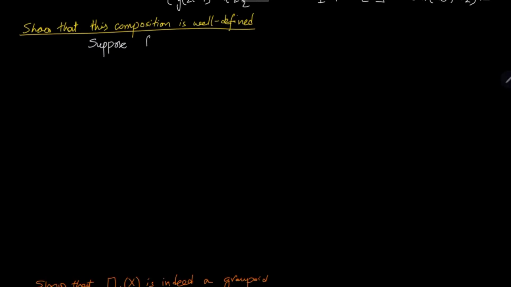Suppose we just take the maps f1, f2, g1, g2 from I to X, such that the equivalence class of f1 is the equivalence class of f2.